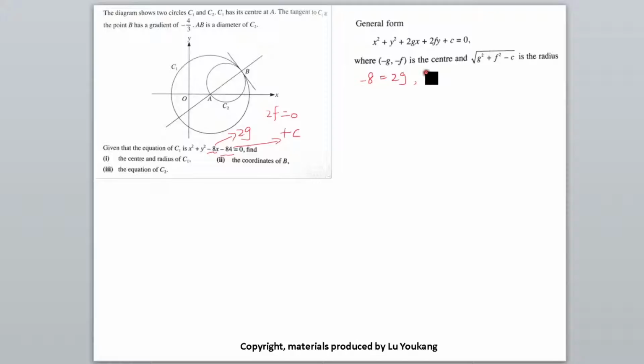Minus 8 is equal to 2g, minus 84 is our c, and 2f is equal to 0. Therefore our g is equal to minus 4, our f equals 0, and our c is equal to minus 84. With this, we can find the center and the radius of C1, because we just have to sub in our g, f, and c. Therefore, the center is 4, 0.